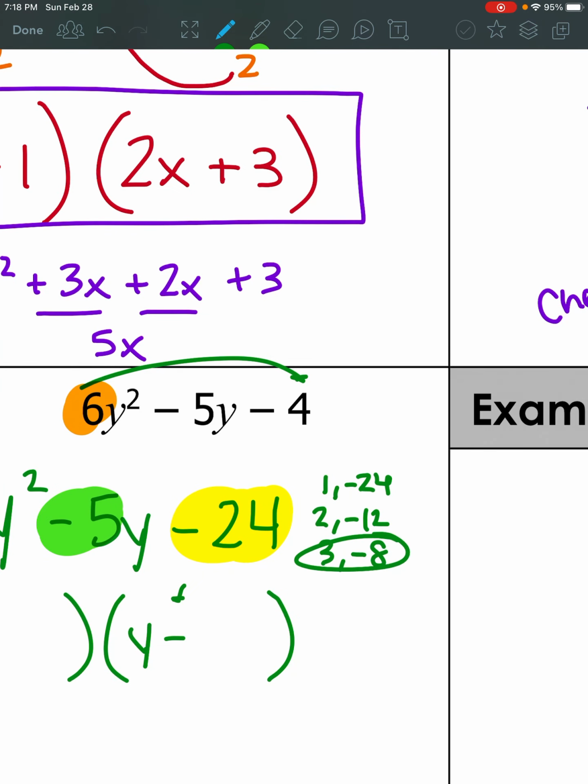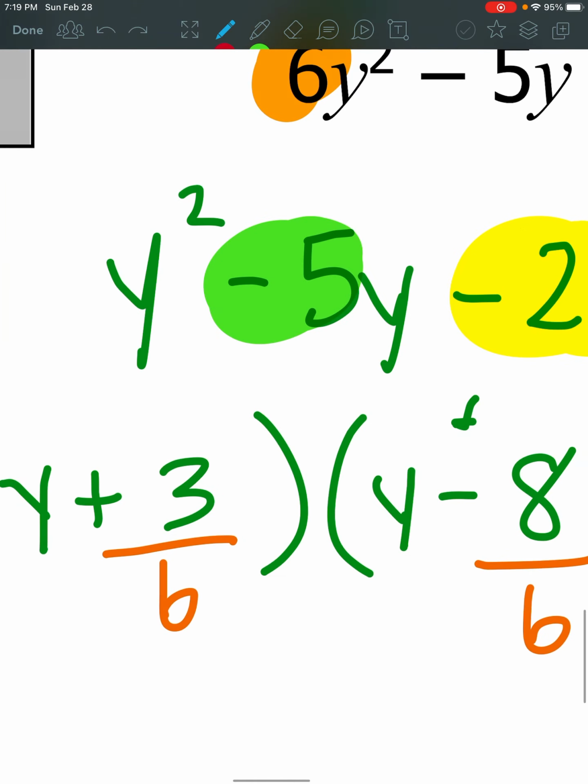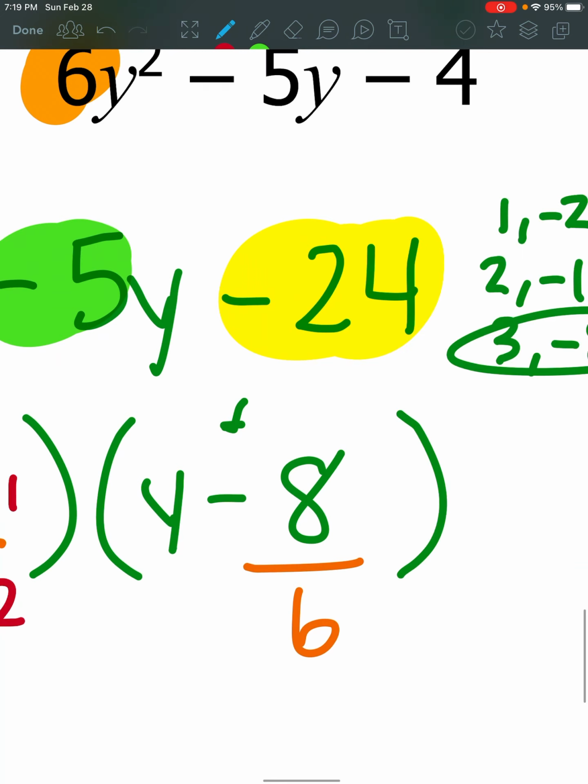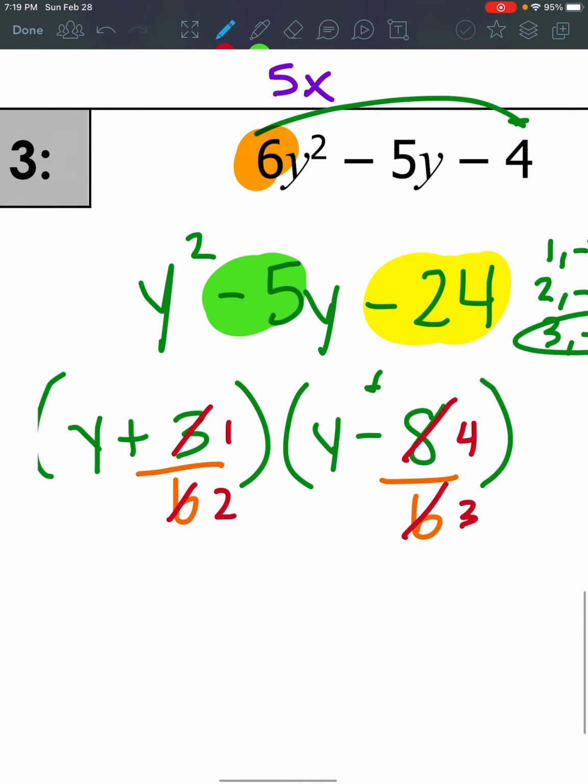So the 8 is the minus, the 3 is the plus, and then we want to divide both these terms by the number that we slipped down, so that 6 we're going to divide by. Now simplify the fractions, so 3/6 is going to be 1/2, and 8 over 6, we can divide both those by 2, seeing if there's anything bigger.